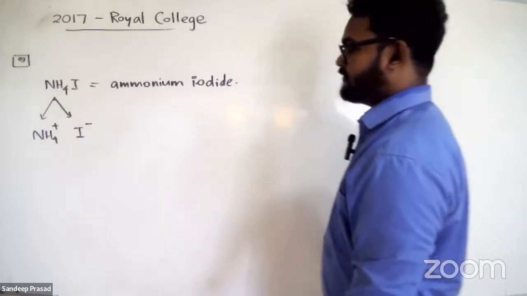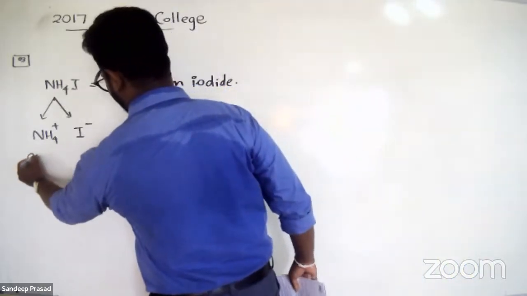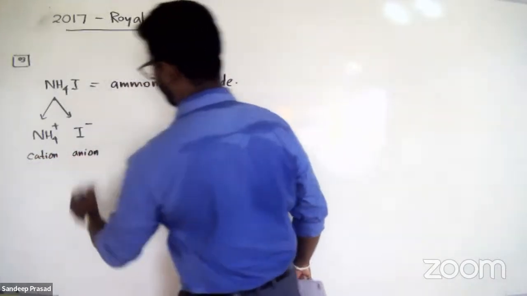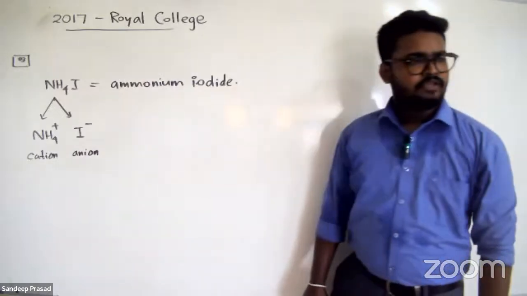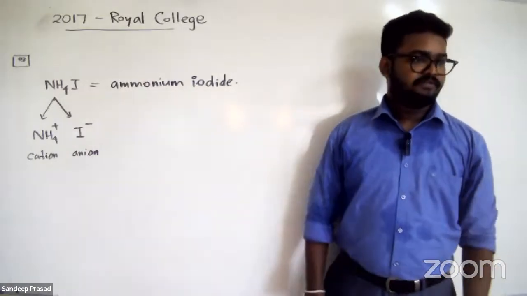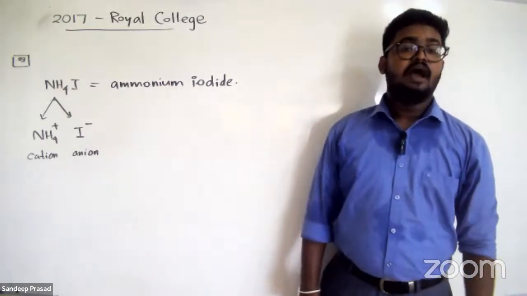First of all, we have to understand that we have a cation and an anion here. If there is a cation and anion, which kind of bond exists? Ionic bond. Definitely that should be an ionic bond.